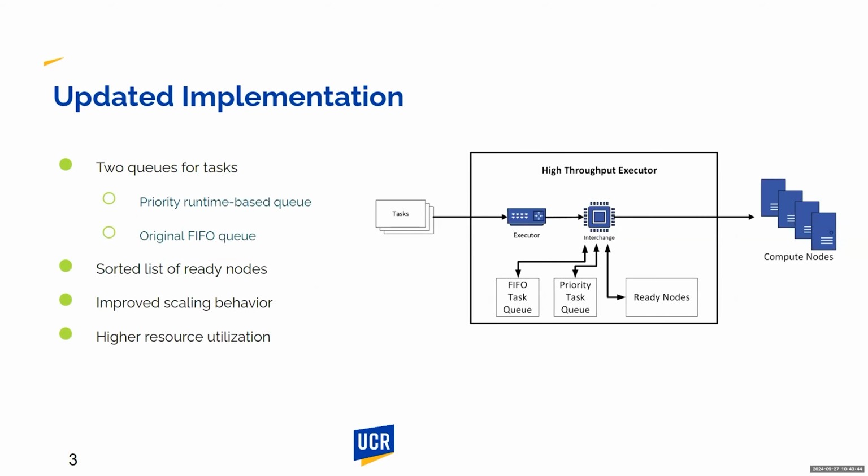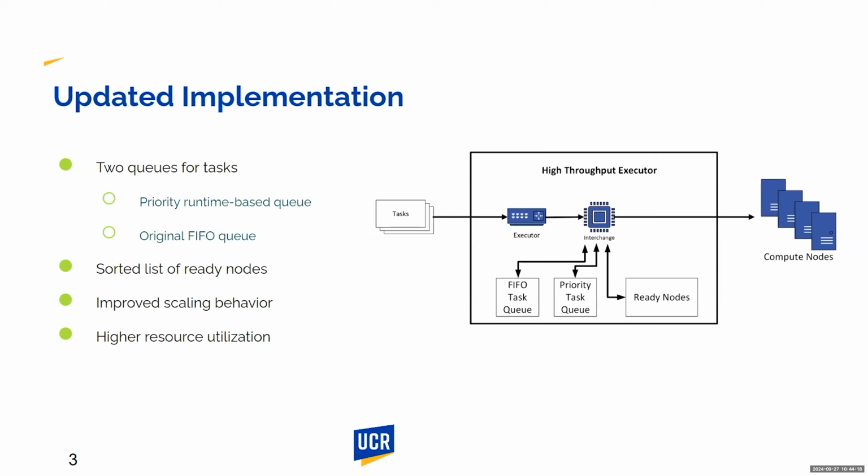So the updated implementation used two queues for tasks. One is a priority runtime-based queue, which required some labeling of tasks ahead of time, and the other is a standard queue. The priority queue, due to its worse runtime complexity for picking out tasks, would be smaller and would only handle tasks above a certain runtime threshold, which could be user specified.